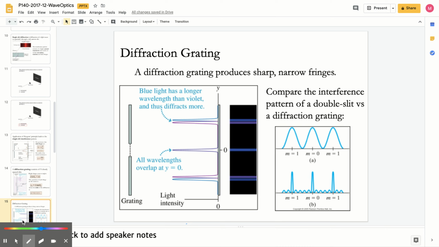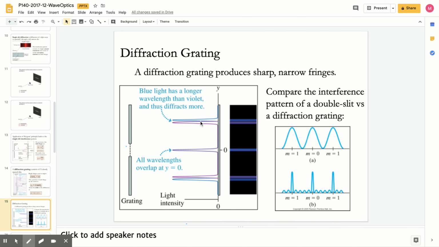Okay, here's just another view. If I zoom out, I can see that I have lots of slits over here, all separated by d. And we have these peaks that represent our peaks.